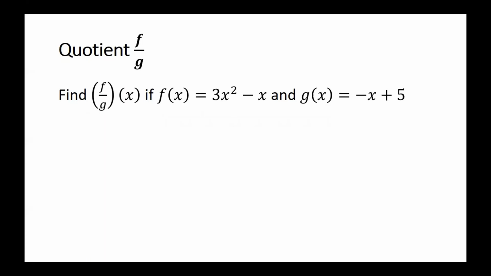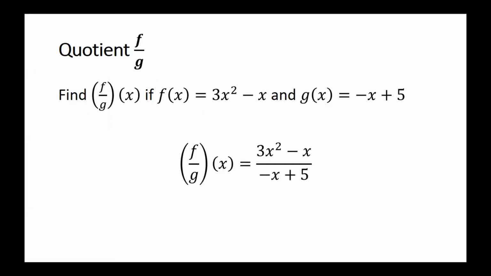So if we have f divided by g of x, if f of x is equal to 3x squared minus x and g of x is equal to negative x plus 5, then we have f divided by g of x is equal to 3x squared minus x over negative x plus 5. We cannot simplify that any further, so that's fine as it is.